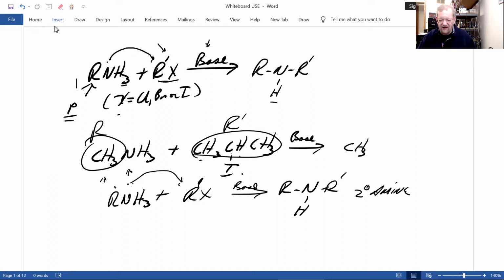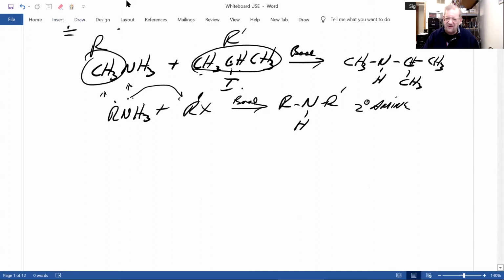And therefore, I have my R group, nitrogen. Notice the center carbon of the R prime has the halogen. So that's the one bonded to my nitrogen. And nitrogen has 3 bonds to it. And that's why I put the hydrogen there. And that's how you make secondary amines.